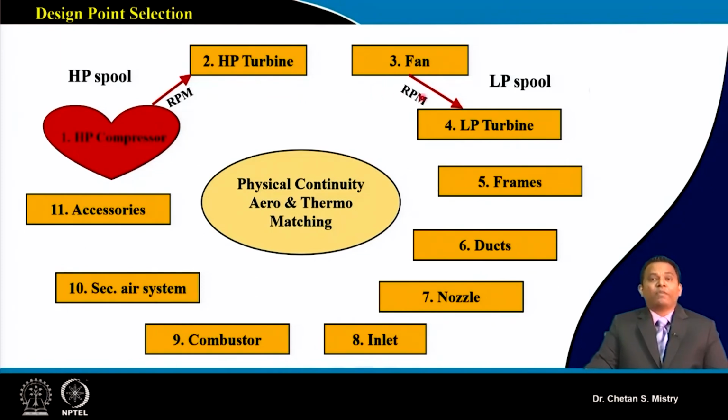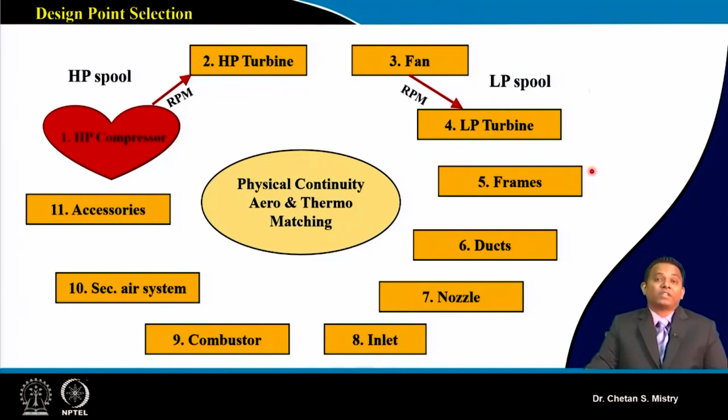Then after all this, we look at the frame, or how you accommodate all these components in a frame. This frame is a mechanical part, given by the aerodynamicists or component level designers.